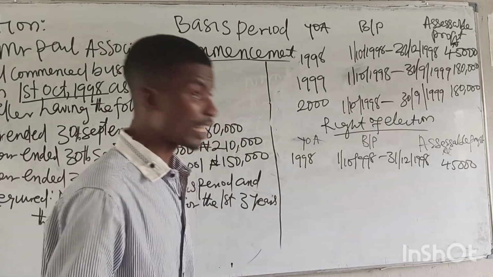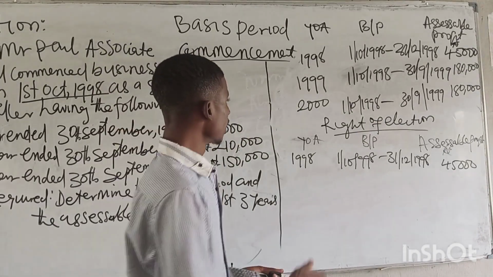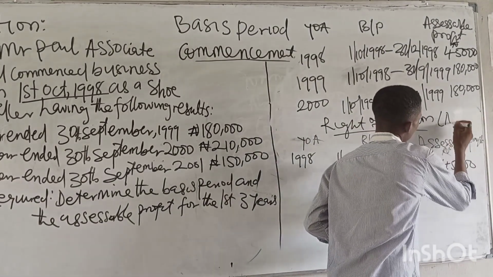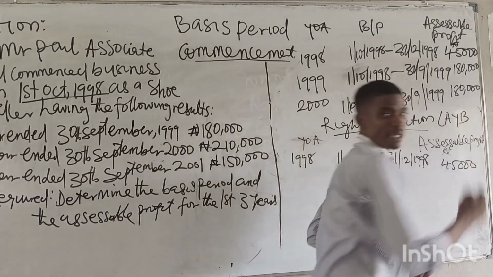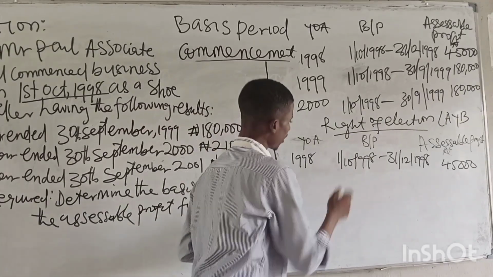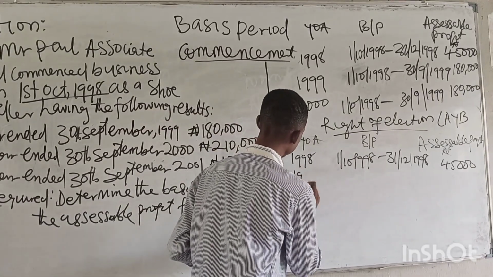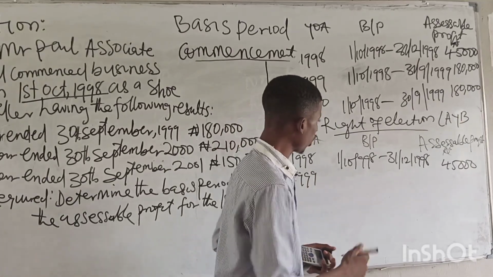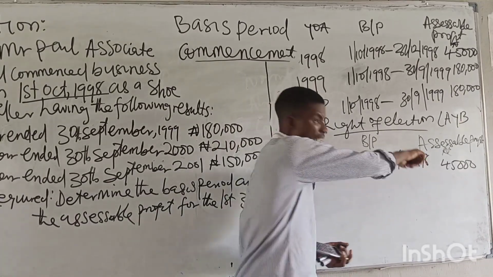Then on the second year now, because under this right of election, everything is based on actual year basis. Since everything is based on actual year basis, the second year now, which will be 1999 year of assessment, the basis period will start a day after this month.